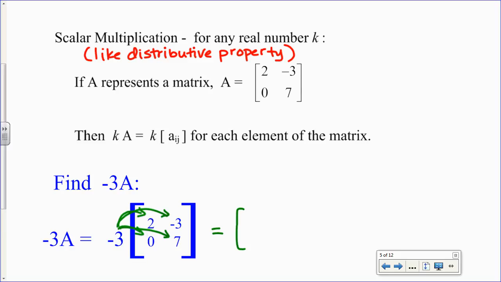So then I get negative 6. Negative 3 times negative 3 is positive 9. Negative 3 times 0 is 0. And negative 3 times 7 is negative 21.